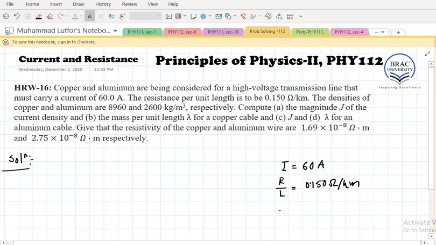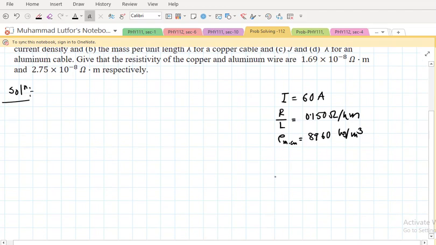The mass density, I'll write rho m, for copper is 8960 kg per meter cube. I write rho m to stand for the mass density, and rho m for aluminum, which is the mass density of the aluminum, is 2600 kg per meter cube.